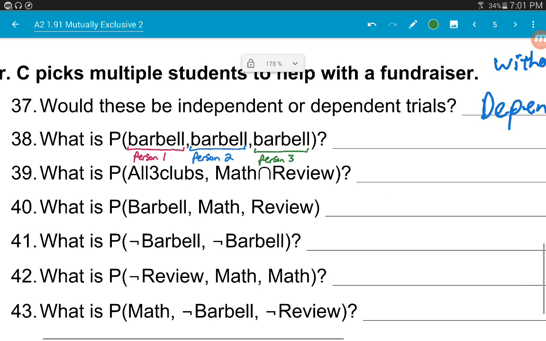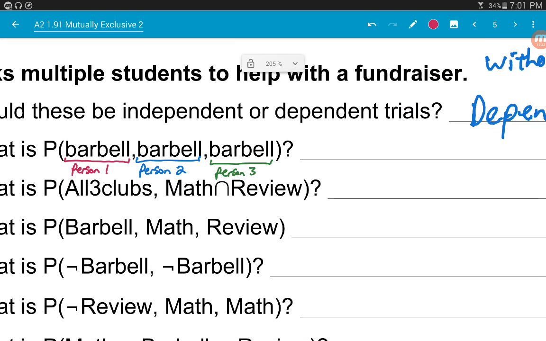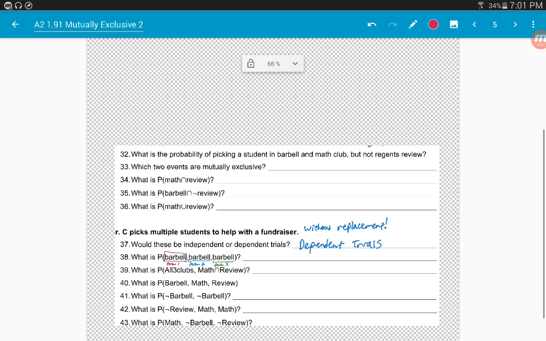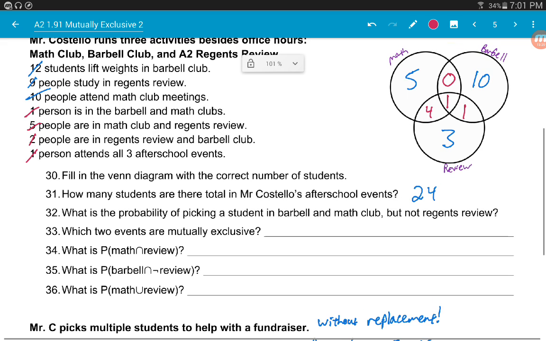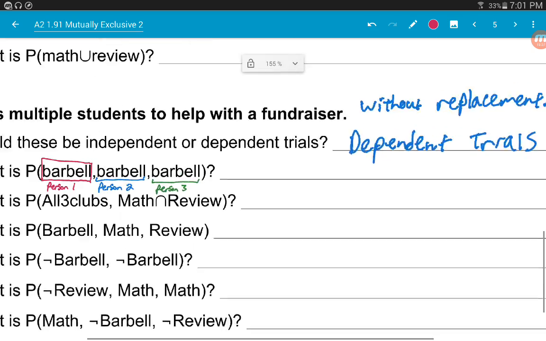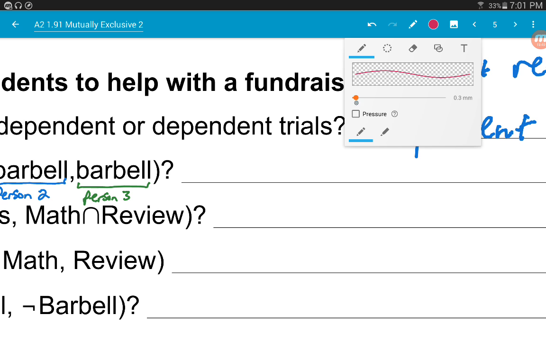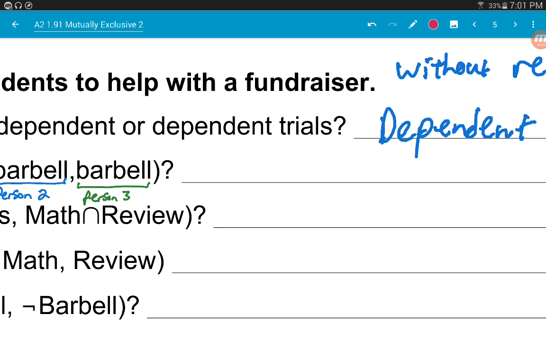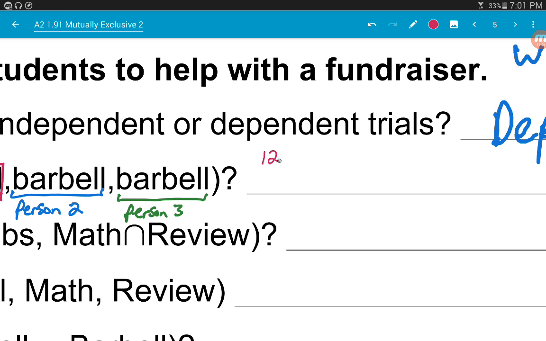So I have to do multiple things back to back, and that means multiplication. So the probability of picking somebody in barbell, so I'm going to handle the red person first. How many people are in barbell? 10, 11, 12. There are 12 people in barbell out of 24 total. Make this smaller because I want to write on my line. Okay. So there are going to be 12 barbell out of 24 total.